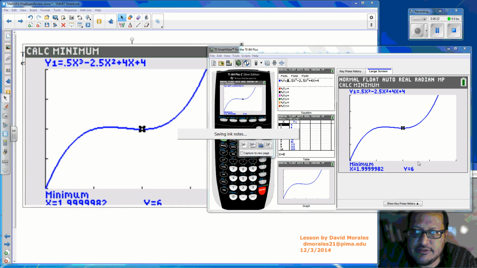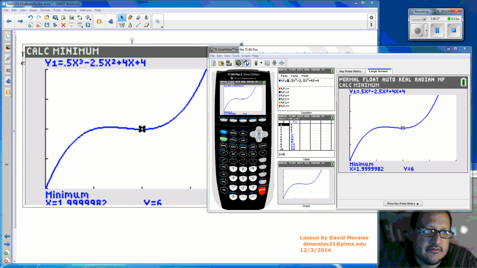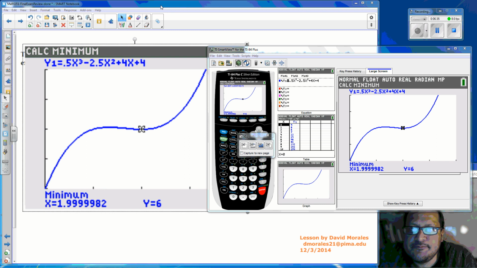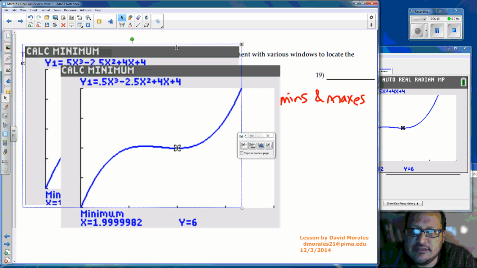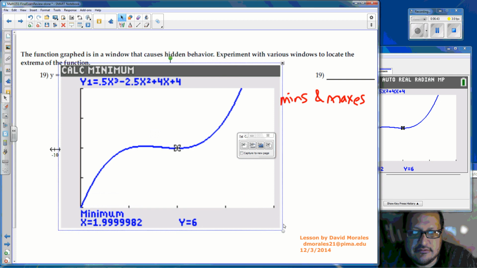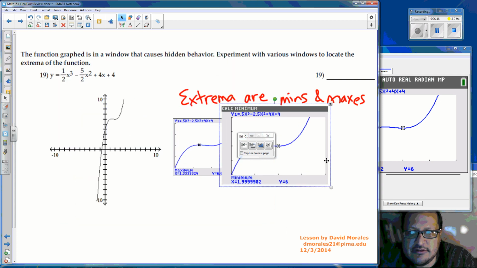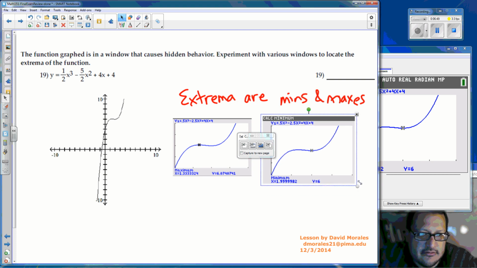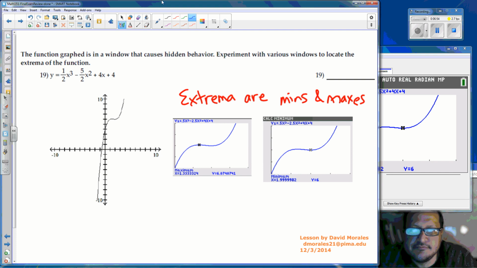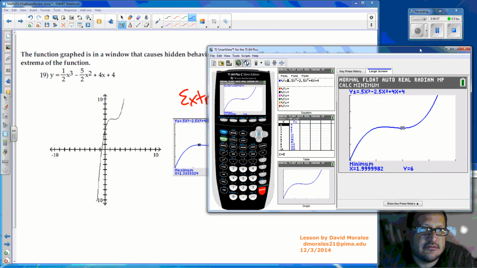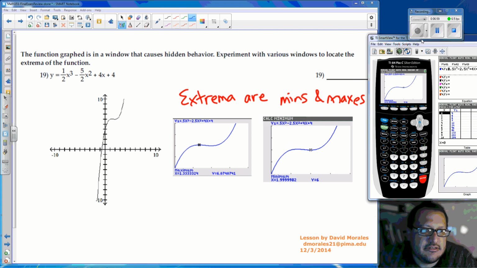Oops, let me do that again. Okay, so our answer is this. We'll delete that. So our maximum is going to be, let's put this over here so you can see it.